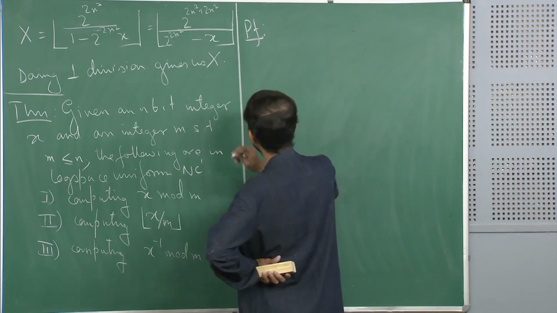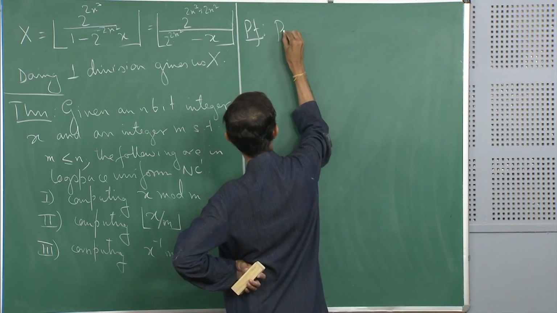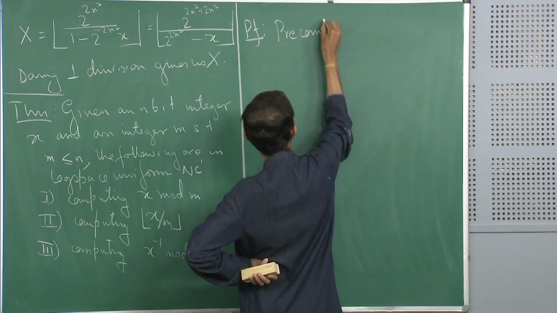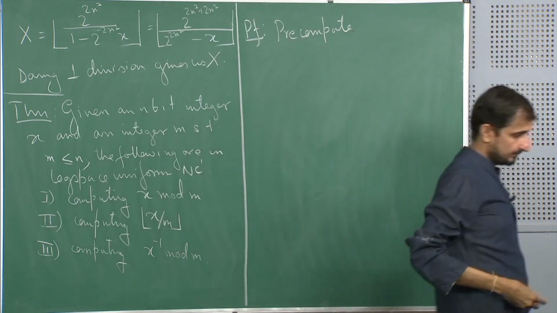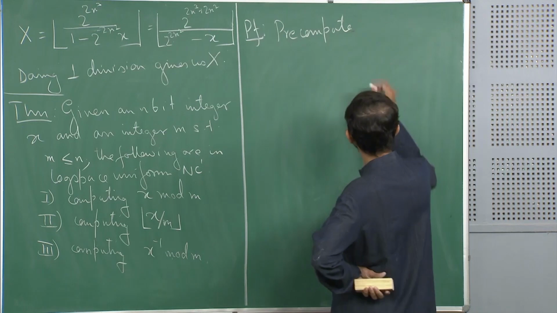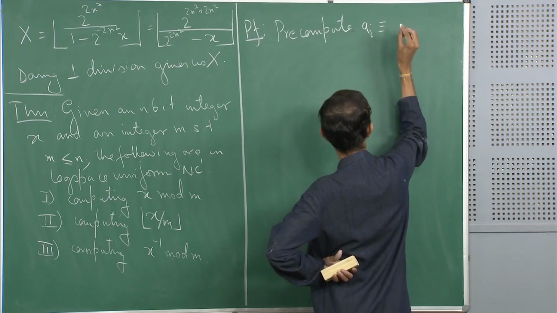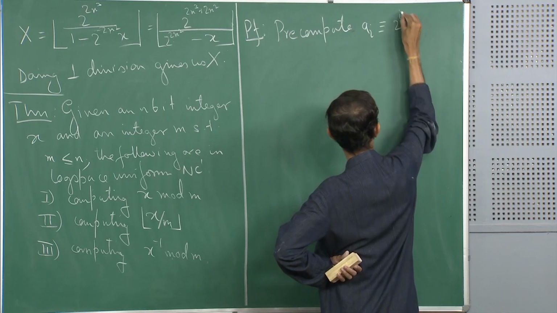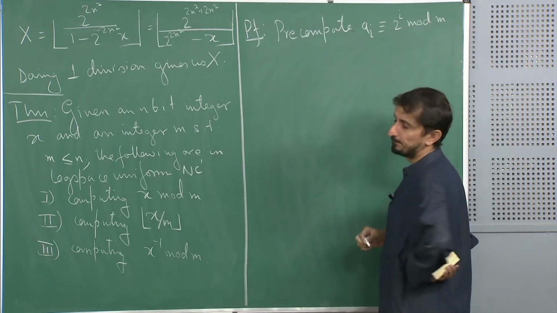Well, actually it will depend on m, but I will just come to that. So, pre-compute these quantities a to the power i, which is congruent to 2 to the power i mod m. Okay.